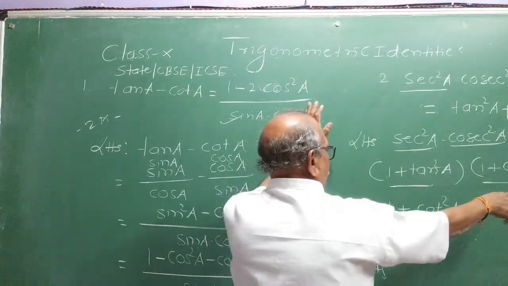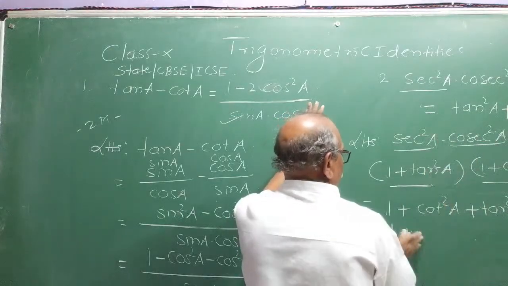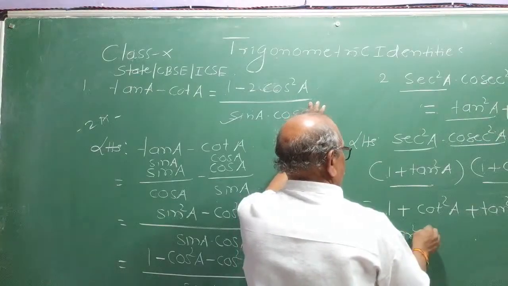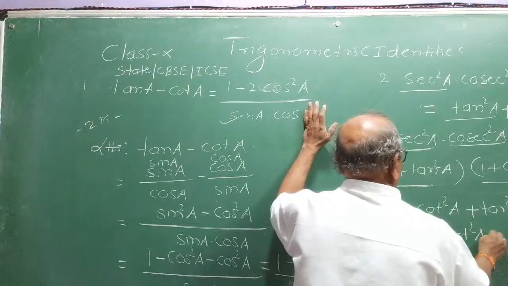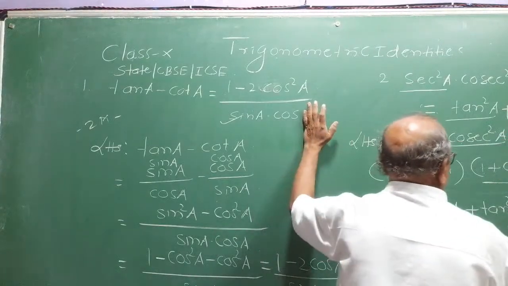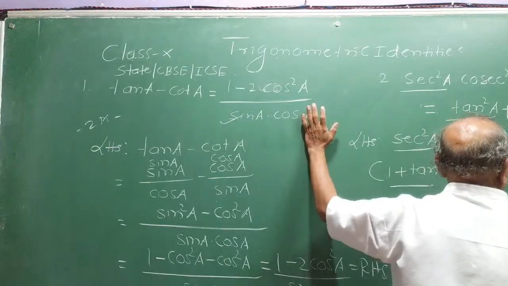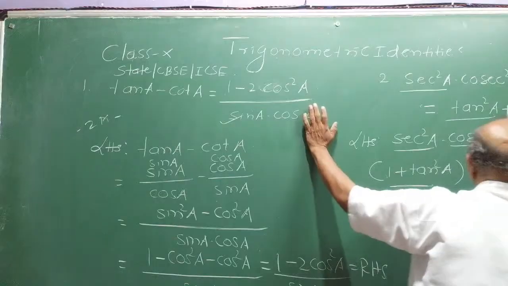Now you know that tan and cot are reciprocals. We will rearrange: first you have tan square A, plus cot square A, and I will write plus 1 here. You know that tan A and cot A are reciprocals, so you can write this one as (tan A into cot A) whole square.